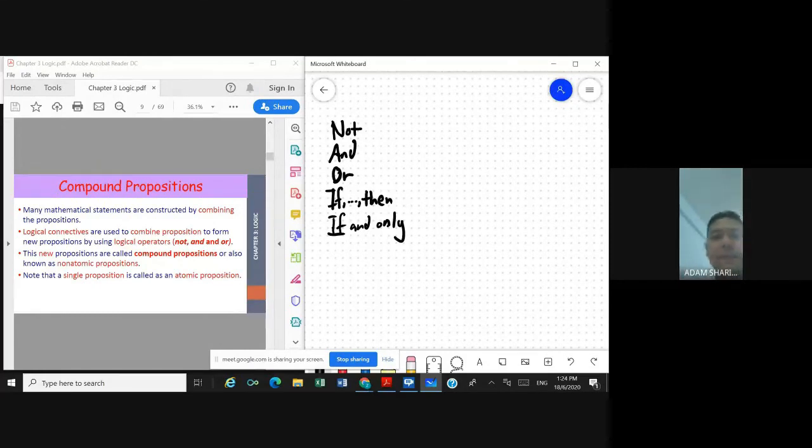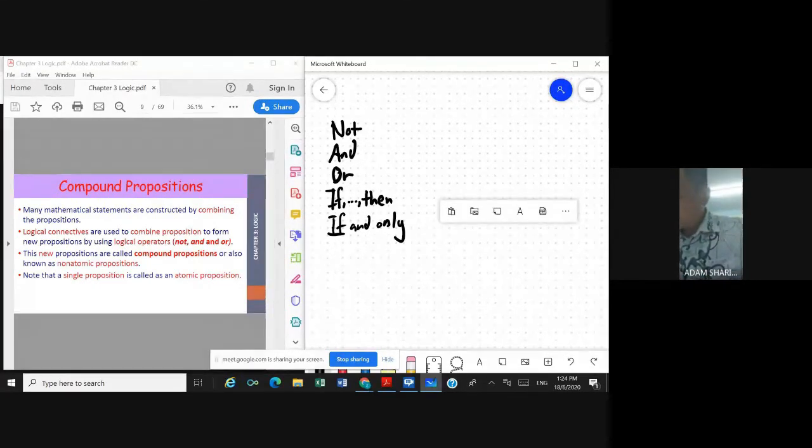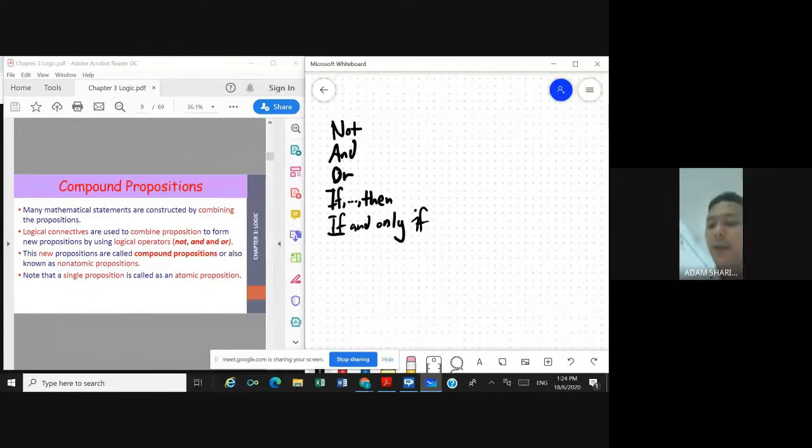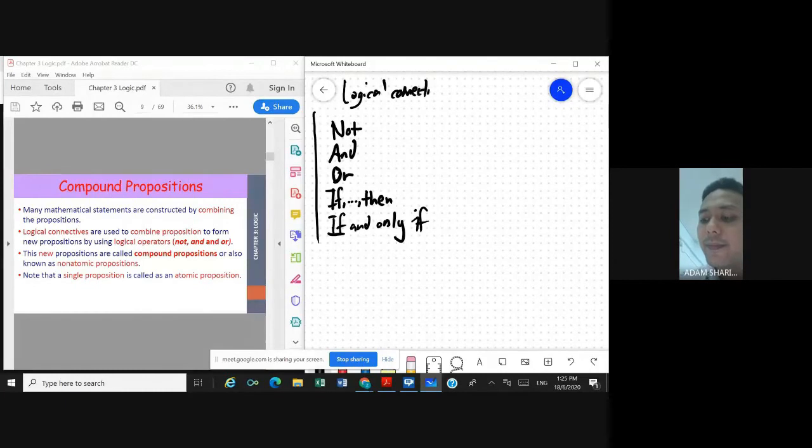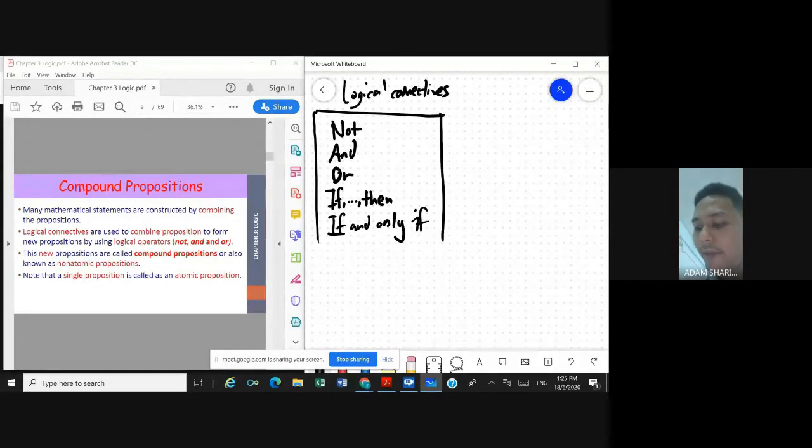Okay, these are some of the logical connectives. We have 5 that will be covered in this course.